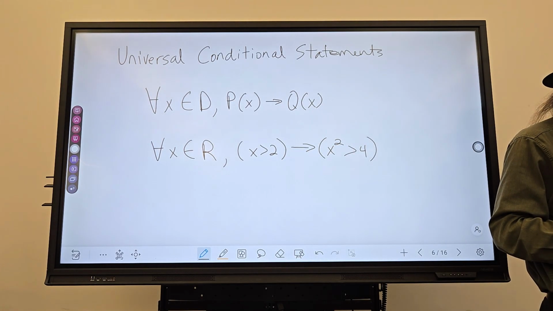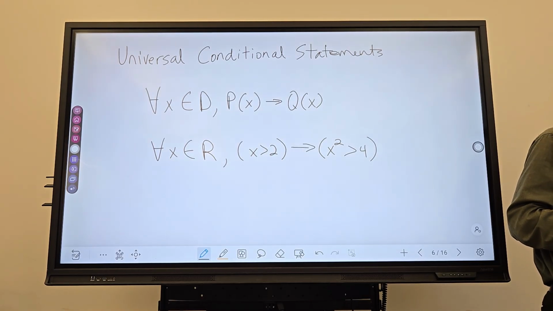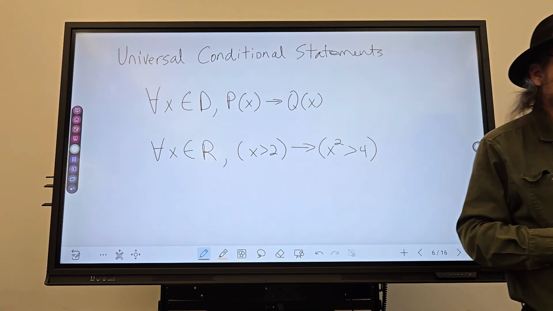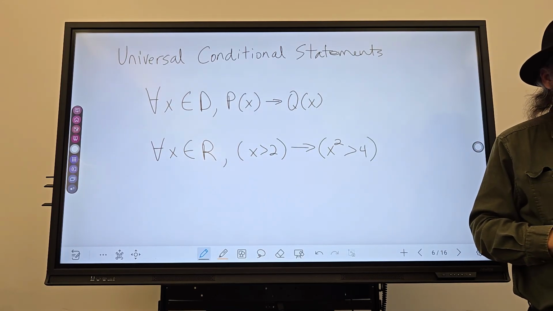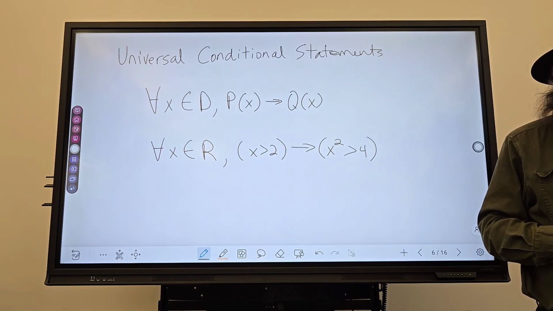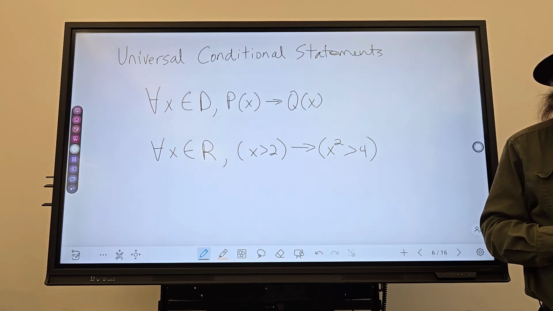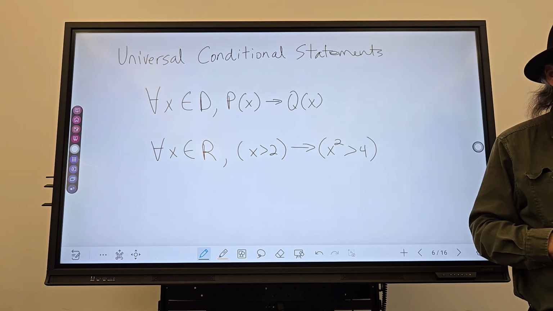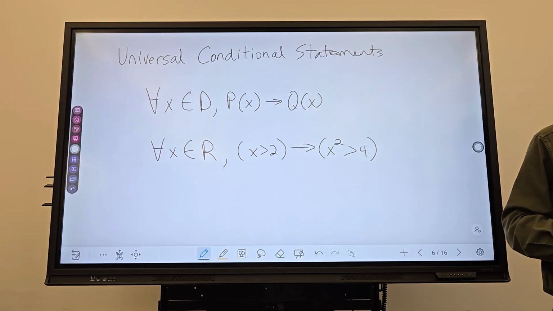I'm sorry. For all real numbers, if they're greater than 2, their square is greater than 4. Yeah. You try to avoid using variables in informal language.